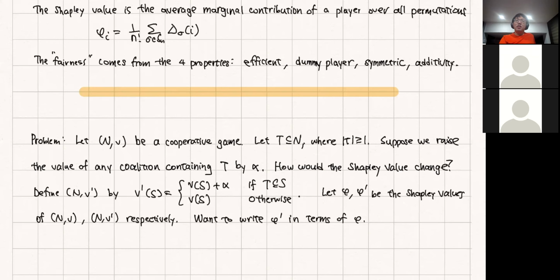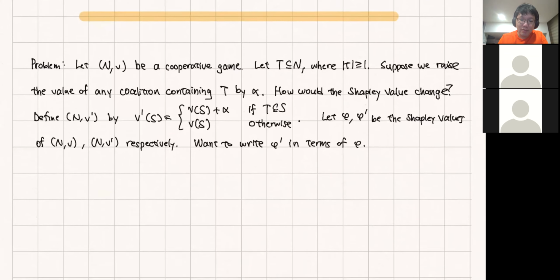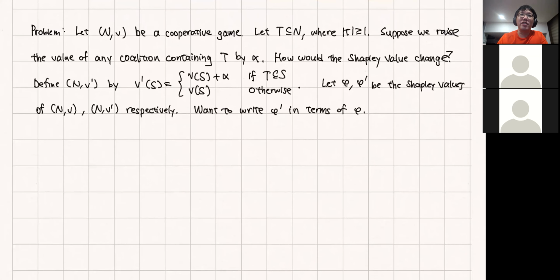So that's the problem: you have any cooperative game, and we change it in the sense that anytime you have a coalition that contains my set of special players T, the values go up by alpha. How do we write the new Shapley values in terms of the old Shapley values? Is the definition of the problem okay for you?